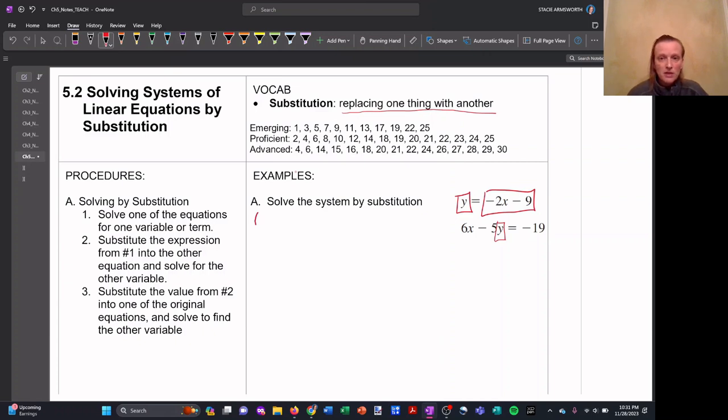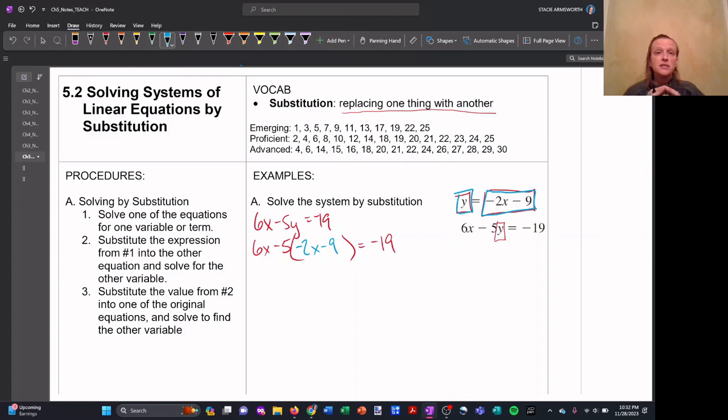I'm going to rewrite this 6x minus 5y equals negative 19 equation where I replace the y. I'm going to write 6x minus 5, leaving myself plenty of space, equals negative 19. I'm going to replace that y with this expression that means the same thing as y, negative 2x minus 9.